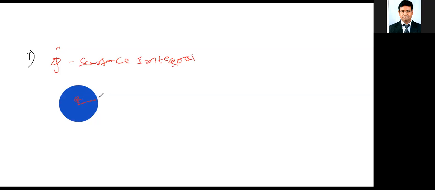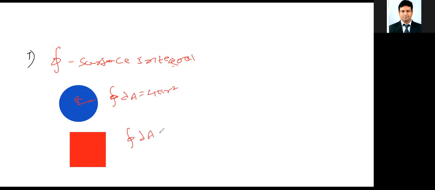If I consider the surface, integral dA for this surface works out to be 4 pi r square, which is nothing but the surface area. If it is a cube, let's say some solid cubical shape like this, then the surface area will simply be equal to dA, which is 4a square. Sorry, 6a square.